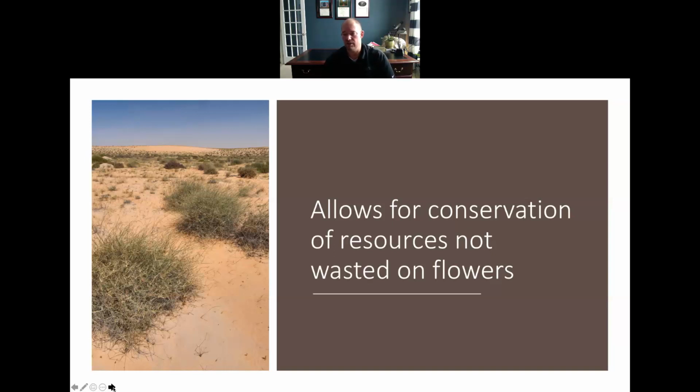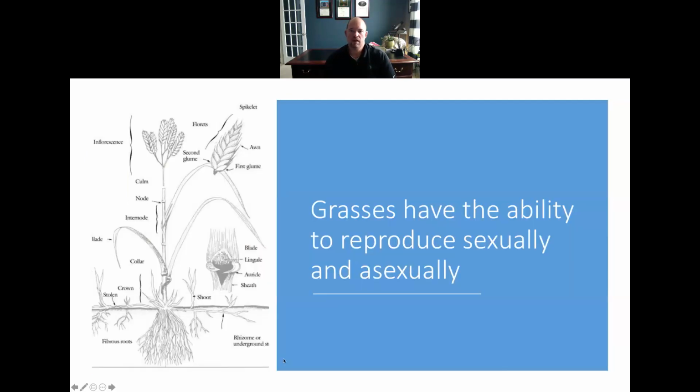Again, it's going to use the advantage of the wind in these areas to reproduce. They have the ability to reproduce both sexually and asexually. This isn't a characteristic that is specific or unique to grass, but grass does it really well.